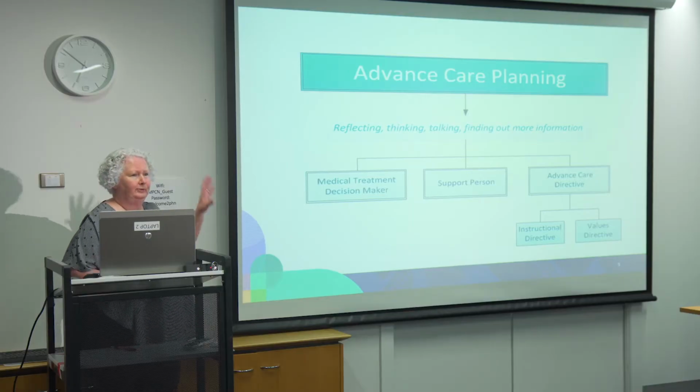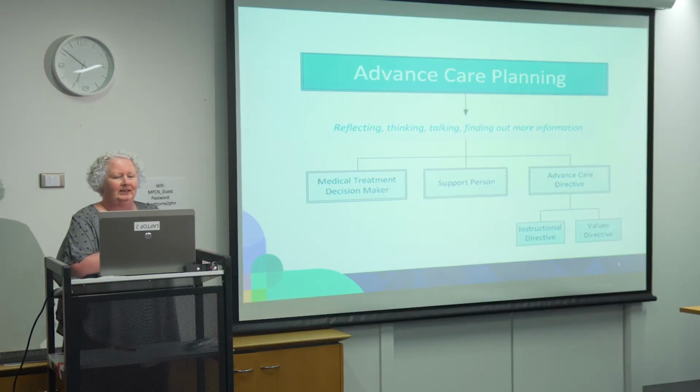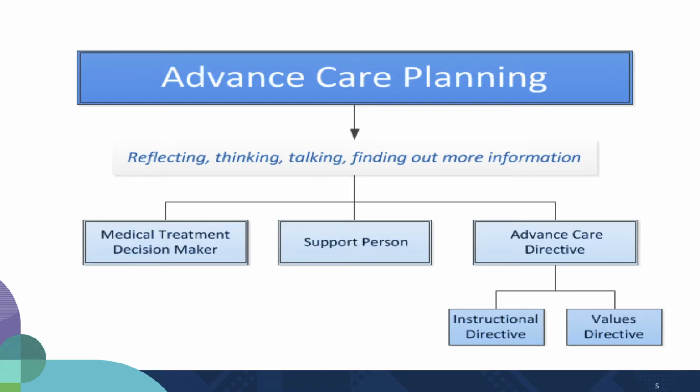I like to envisage advanced care planning in this way. It is an umbrella that involves reflecting, thinking, talking, finding out more information. So thinking about what's most important to you in terms of your healthcare, talking to your health professionals and your loved ones about that, and finding out more information about what might be ahead for you, so that you can make an informed decision.